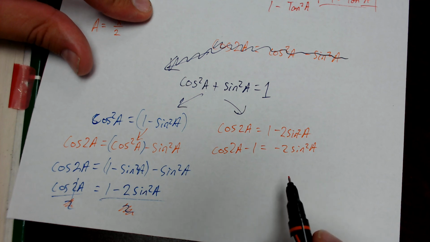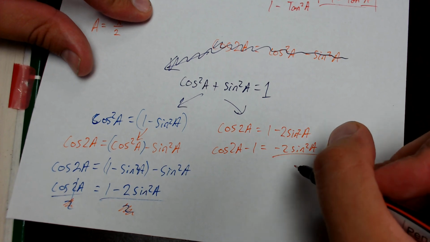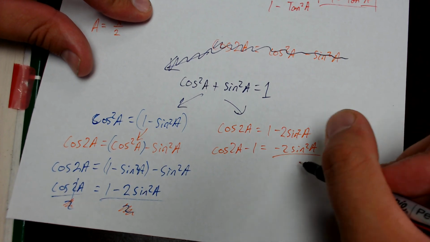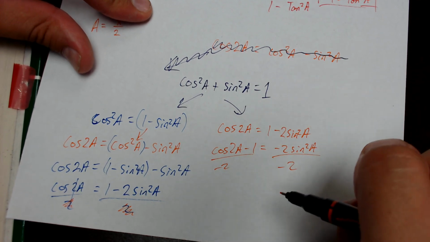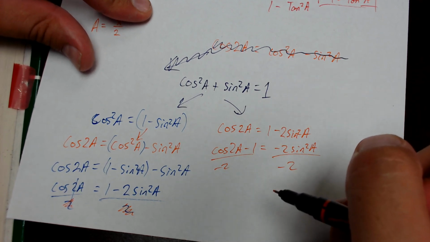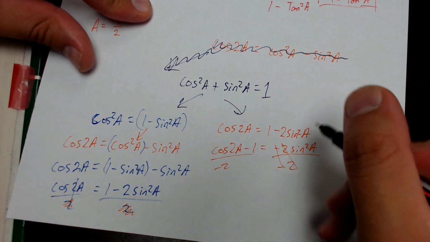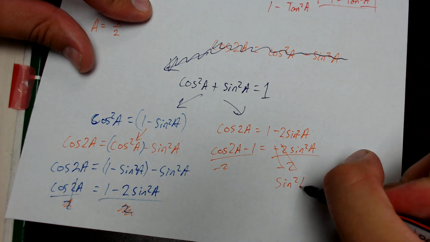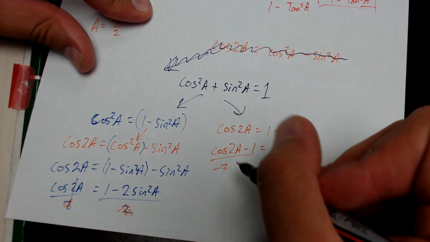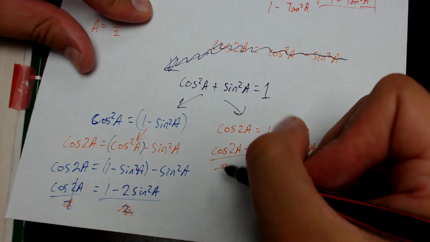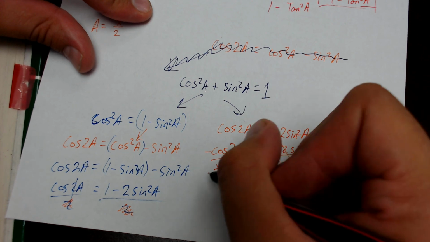So we'll go ahead and divide each side by negative 2. So what that does is it gets me sine squared of a now equals, sorry, I got to rearrange all of this. The negative makes that positive, that can go away.